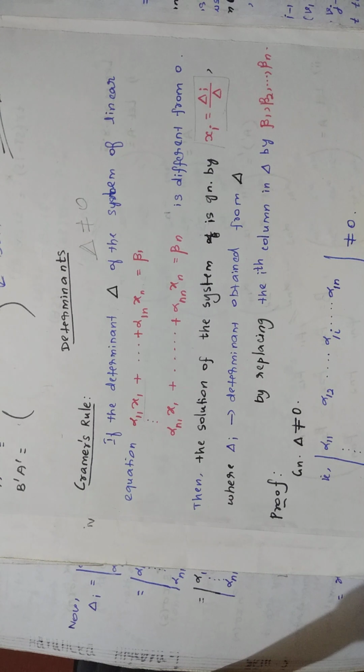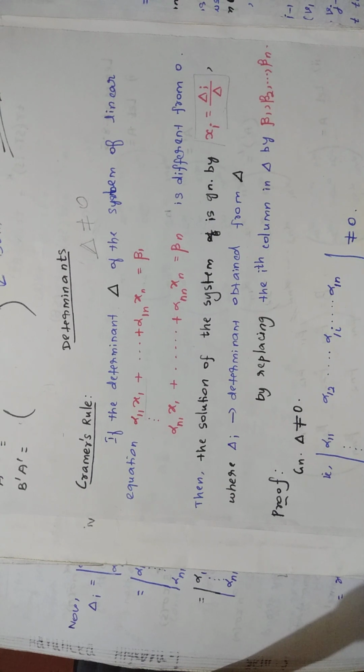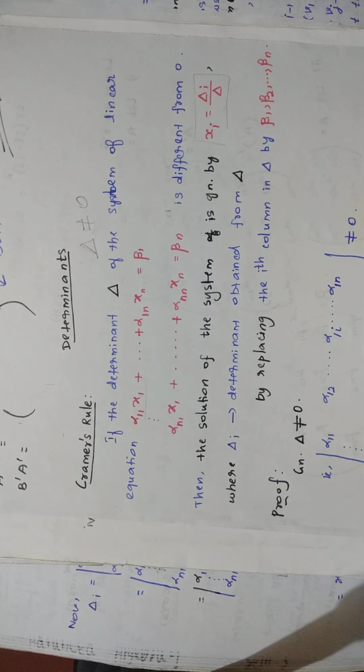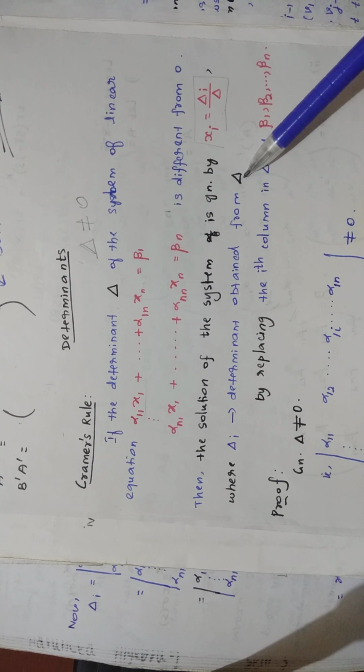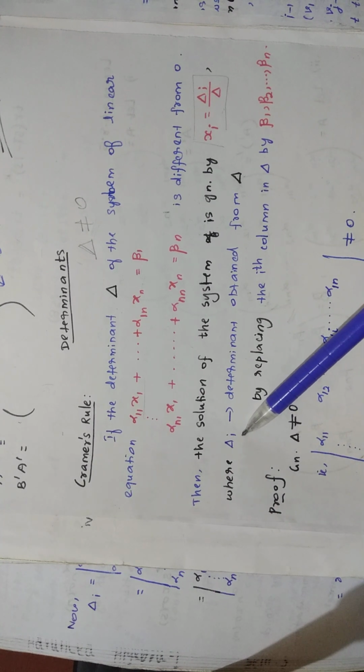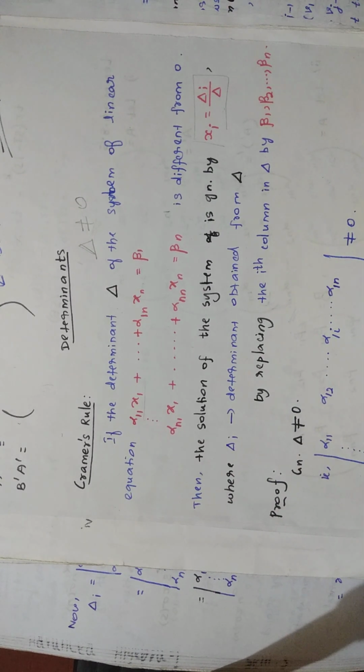From the ith column you replace it, and in that column you put beta 1, beta 2, beta 3. When you do this replacement in delta, you denote it as delta I. That is how you get delta I.